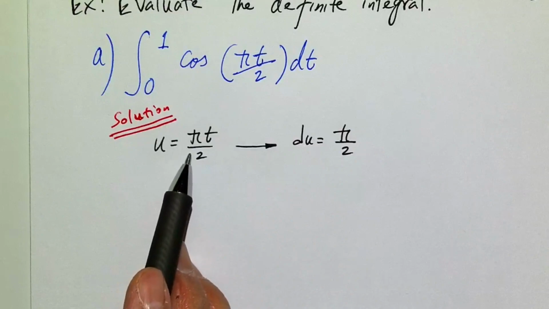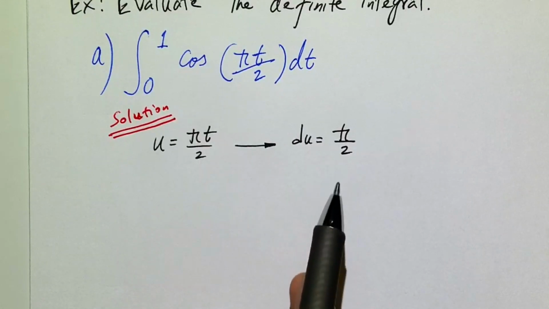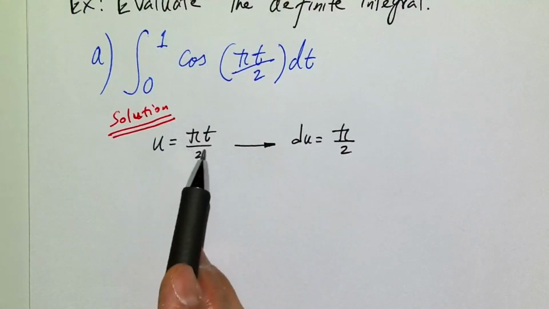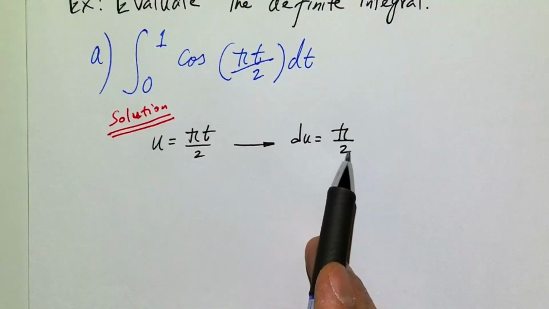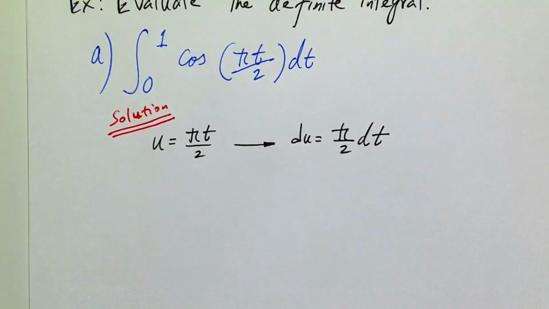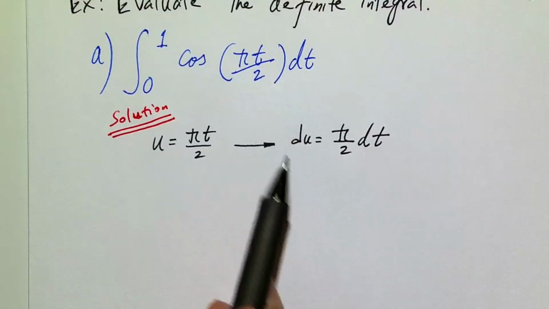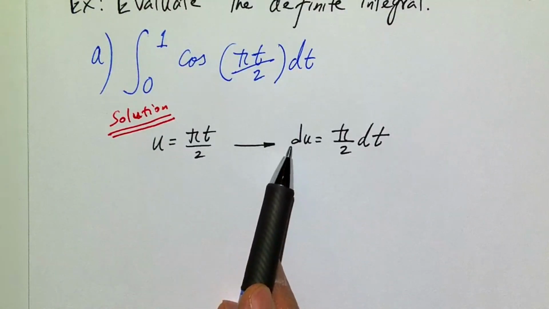If this was 5t or negative 8t, the derivative would be negative 8. So it's pi over 2 t, so du is pi over 2, of course, dt. Okay? So then let's see if we can directly substitute for dt with du.